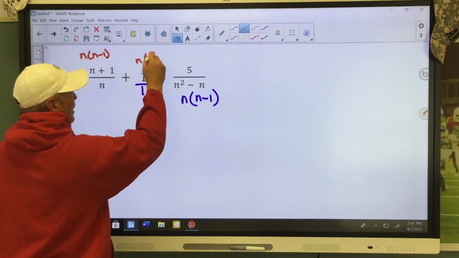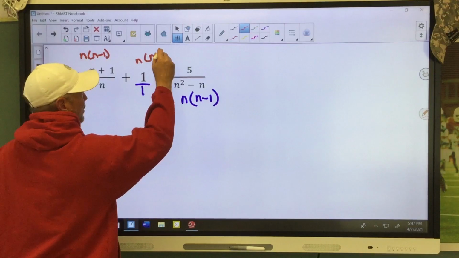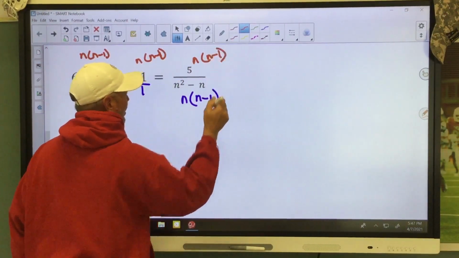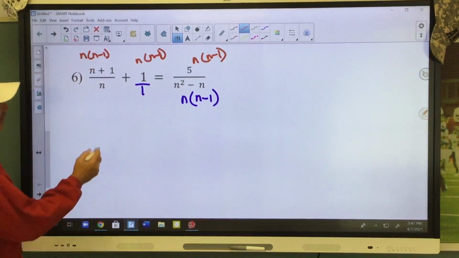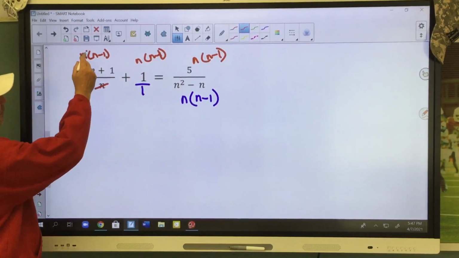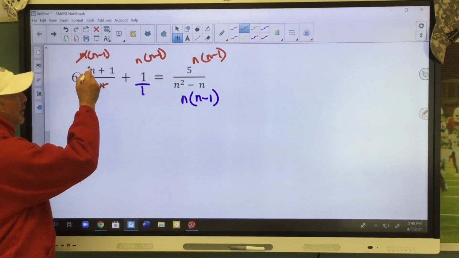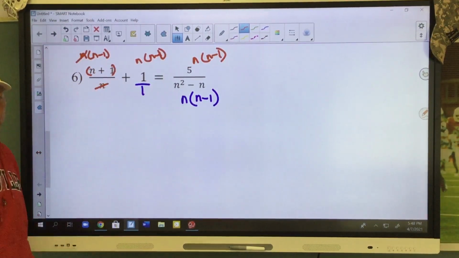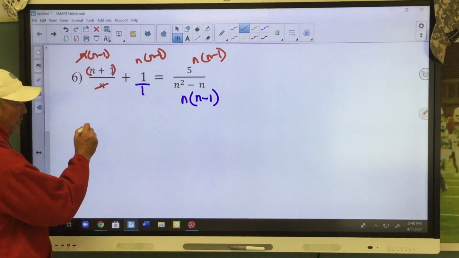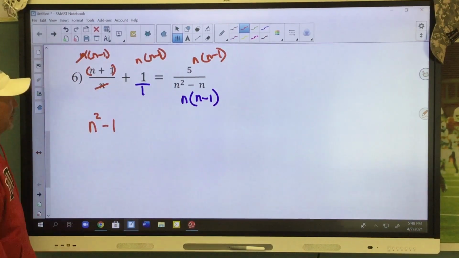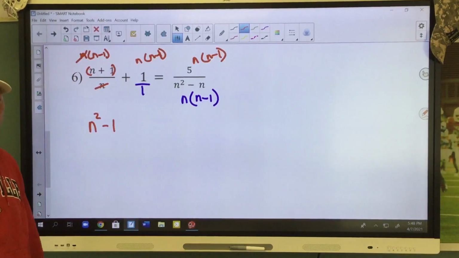Okay? In this case, the n's are going to cancel. And so now I have to multiply n minus 1 times n plus 1. You can either FOIL it or however you need to multiply, distribute. We're going to get n squared minus 1. This turns out to be the difference of 2 squares.